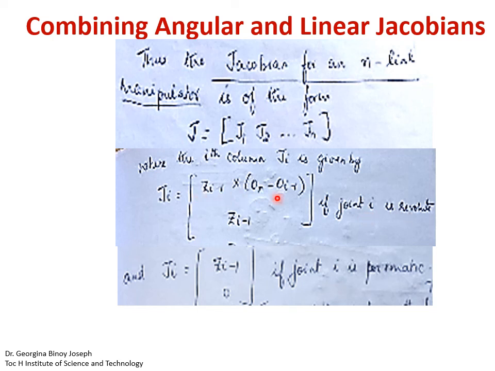Okay, so this is the JVi for a revolute joint, and this is J omega i for a revolute joint. Now, if the ith joint was prismatic, then it becomes very simple. JV is equal to Zi minus 1, and J omega we had already seen is 0. So Ji, if the joint is prismatic, is simply Zi minus 1 and 0.